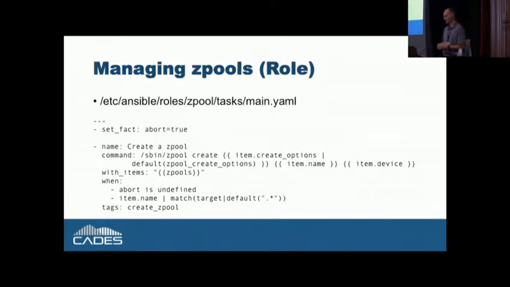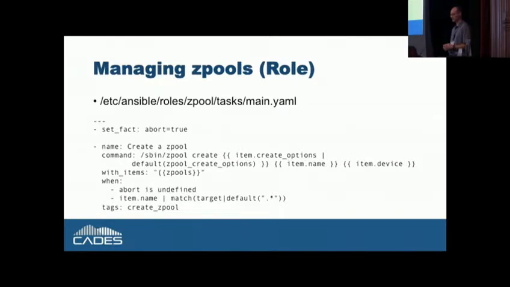So for the one play I have in here, this is a task to create a zpool. You can see that it has the command, zpool create, with several variables that get filled in. The with_items is used to loop over all the zpools defined on all the hosts, and there's a conditional.